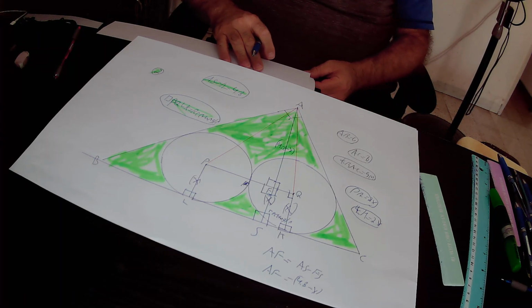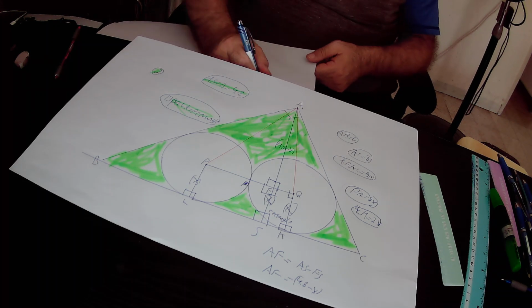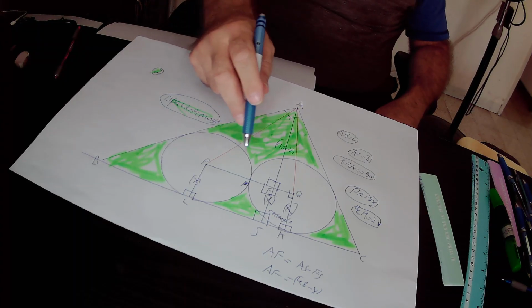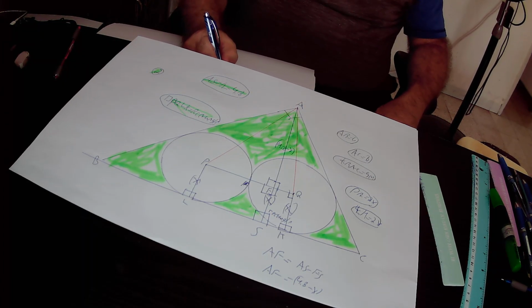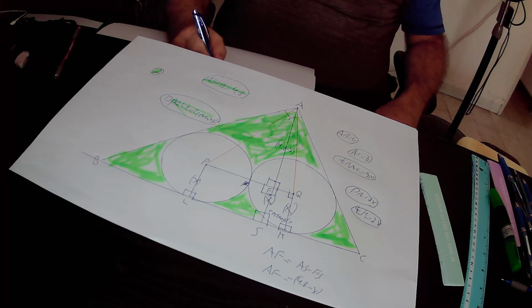So at the end we found out that the area of this small triangle APQ is equal to the base of the triangle, that is PQ, times the height to the base, that is AF, over 2.